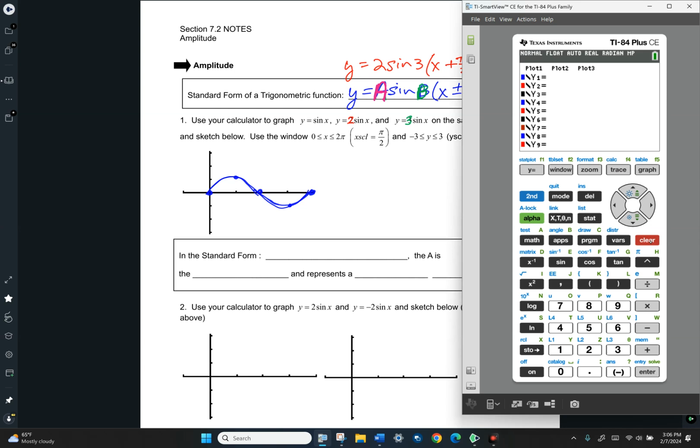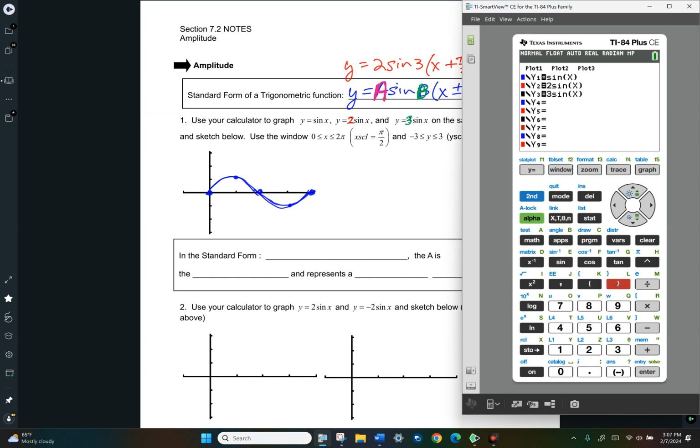So I'm going to go ahead and put in the original sine function since they told me to. So here's the sine of x. And then down here I'm going to put 2 times the sine of x, and then 3 times the sine of x.